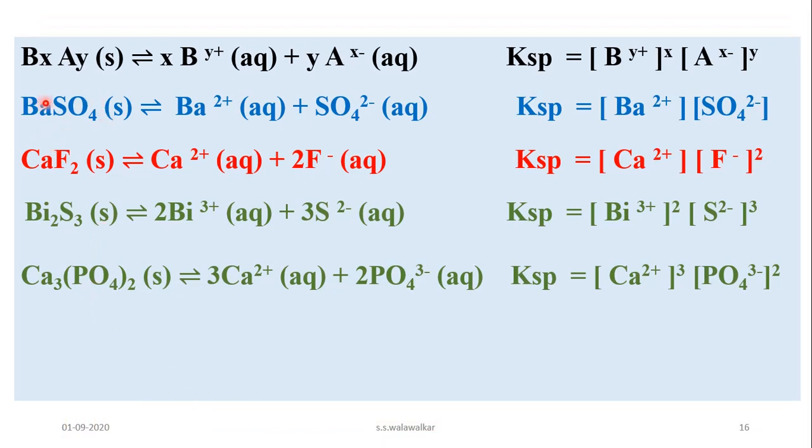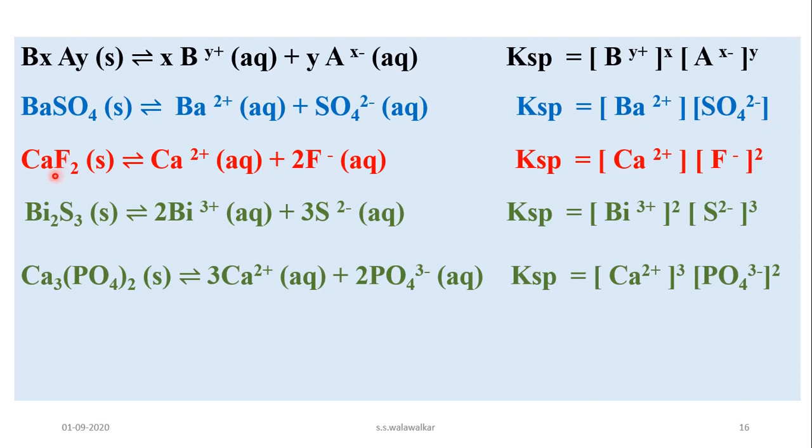So here are some expressions of Ksp for different types of sparingly soluble salts, such as barium sulfate. Barium sulfate is a BA type of salt. So 1 mole of Ba ions and 1 mole of SO4 ions are present in barium sulfate. So barium sulfate when dissociating gives Ba2+ ion plus SO4 2- ion, and therefore the solubility product expression is equal to the concentration of Ba2+ into the concentration of SO4 2- ions.